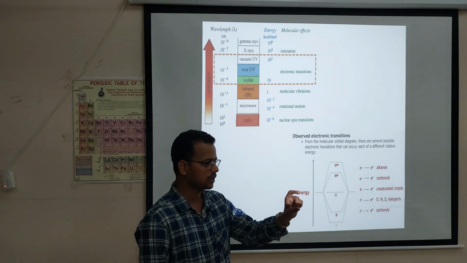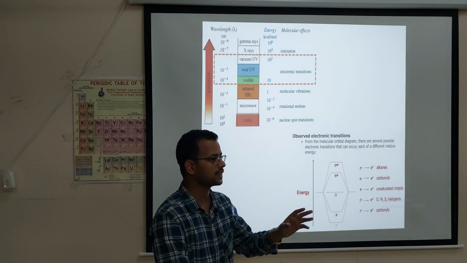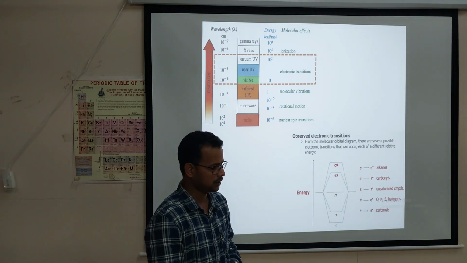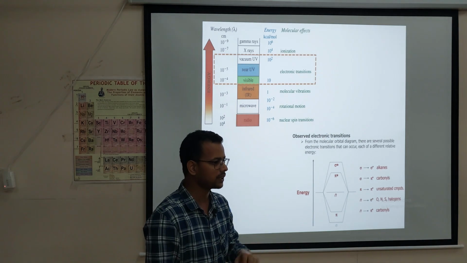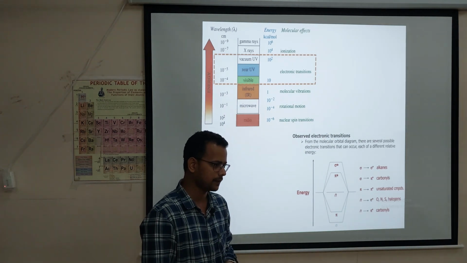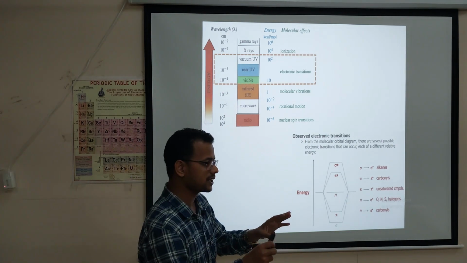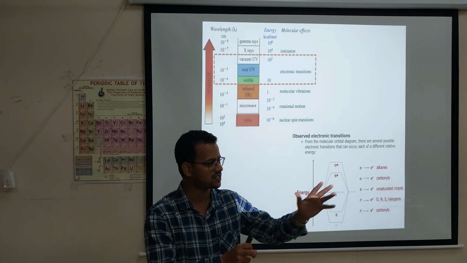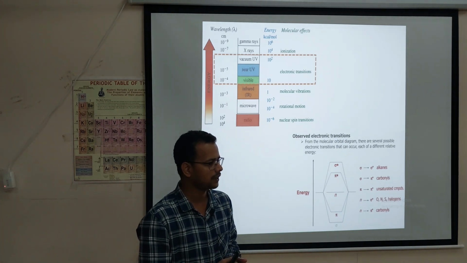In this range, the electronic transition can occur. It does not have so much energy that it can alter the spin of the nucleus or vibrate the molecule, but what can it do? It can excite the electron. And X-ray and gamma ray have so much energy that they can ionize.